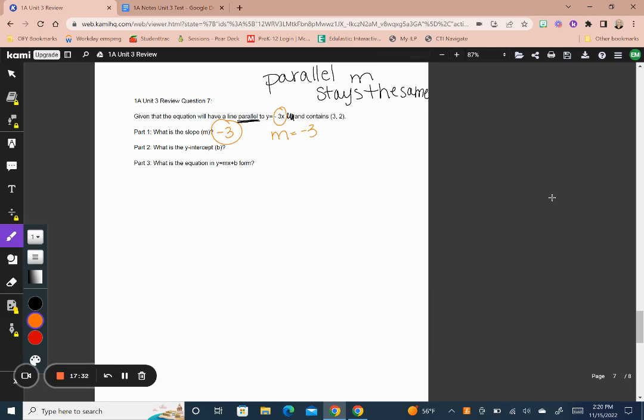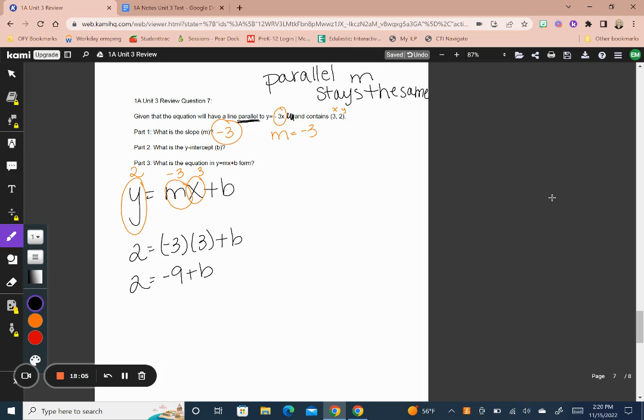Okay, so we have x, y, and we have our m already. So y equals mx plus b. Replace our y with 2, our m with negative 3, and our x with 3. So 2 equals negative 3 times 3 plus b. Negative 3 times 3 gives me a negative 9, so 2 is equal to negative 9 plus b.